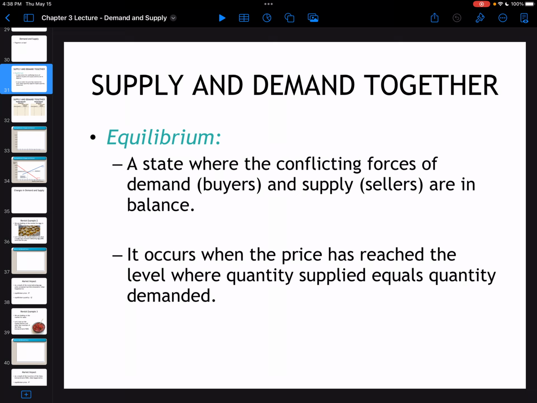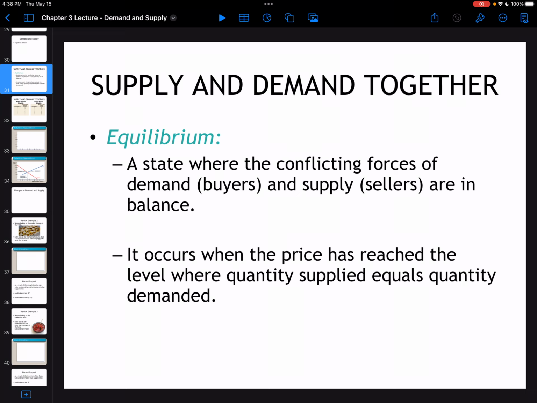Typically in chemistry, we would say a mixture is in equilibrium when it is thoroughly mixed, or when all the chemical reactions have taken place. So this idea of rest, no more change, balance.